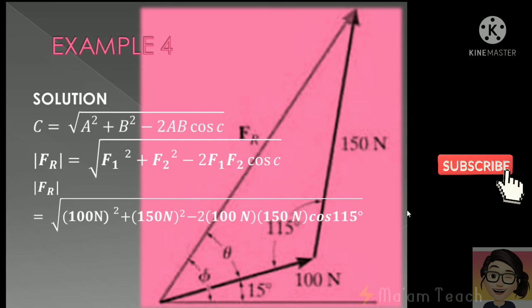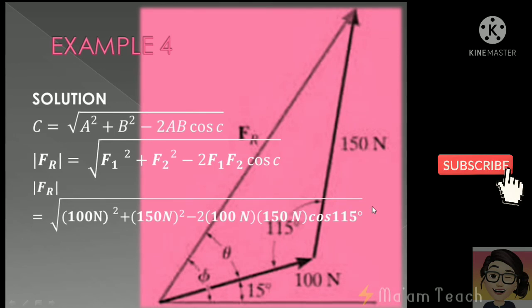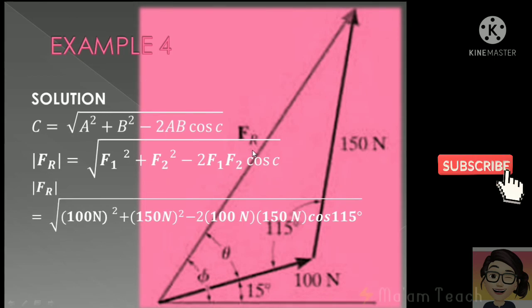Where did you get that 115 degrees? That, class, is the angle opposite to our side which is unknown. If your unknown is F sub r, the angle that you will be using is the angle opposite to that. In this case, since F sub r is opposite to 115, we will be using the 115 degrees.